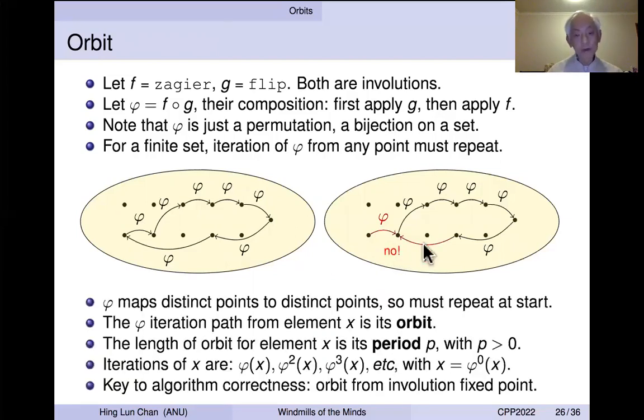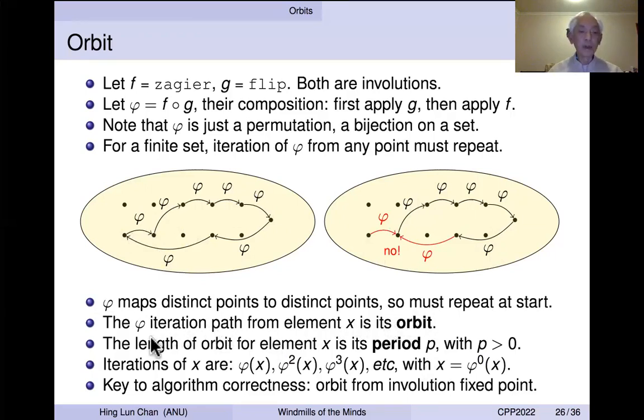The answer is no, it can't do that, because phi is actually a bijection, so it maps distinct points to distinct points. And therefore, if these two points are distinct, then they cannot map to the same point. And so this is not allowed for a permutation. This cannot happen, and only this can happen. And so the repetition must occur at the start, forming what I call an orbit.